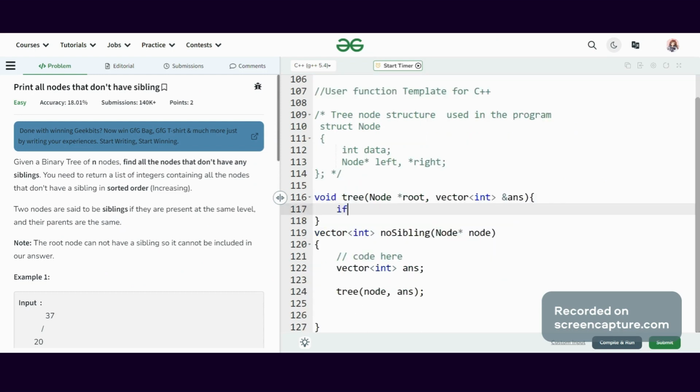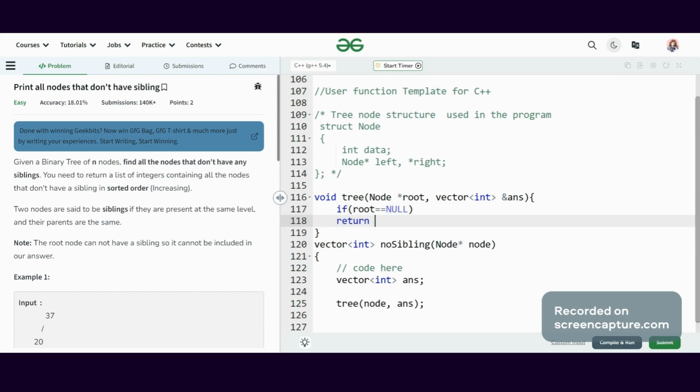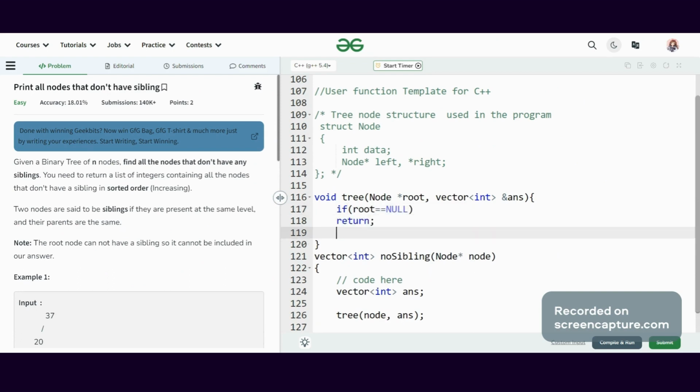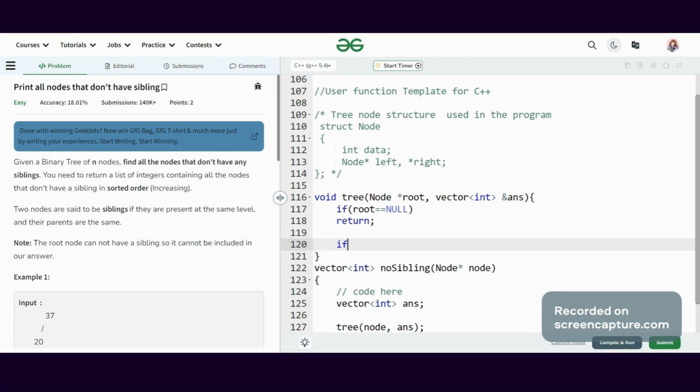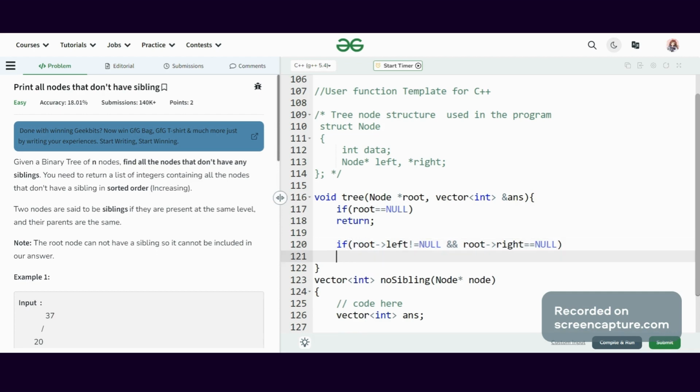Now what? We will check if my root is null or not. If null, we were just returning back.